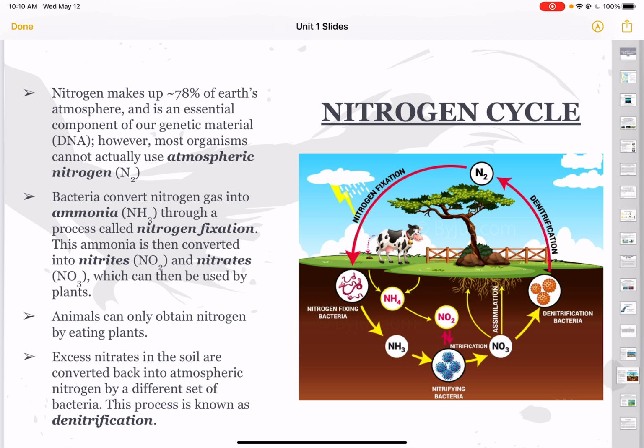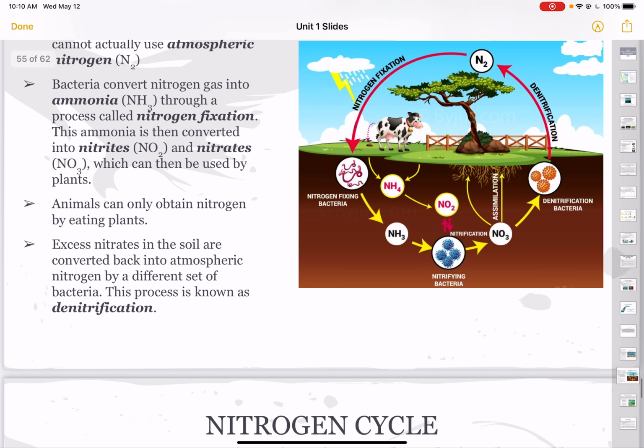So places that have lots of thunder and lightning storms might have more plants generally, because there's obviously lots of water, but they're also getting nitrogen from lightning. So that's really the only way outside of bacteria that we can get nitrogen from the air into a version that plants can use.